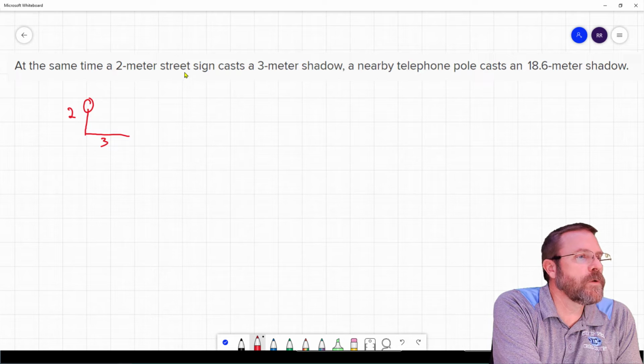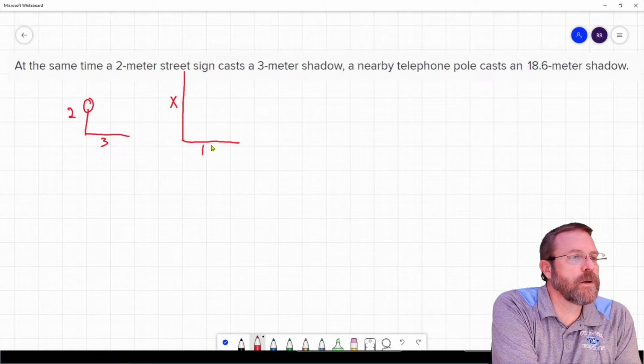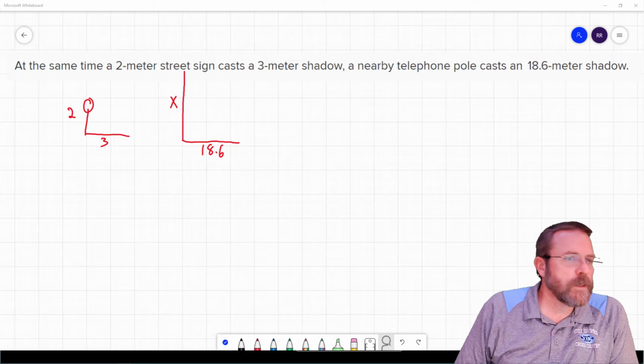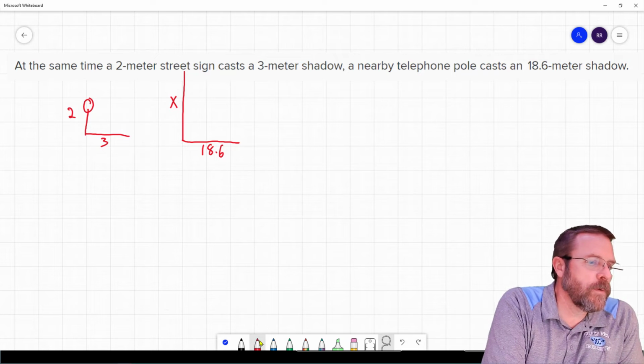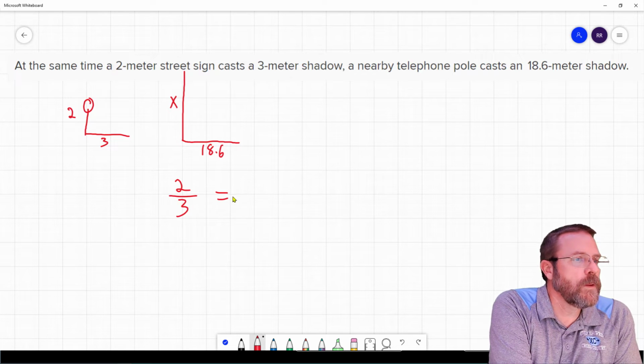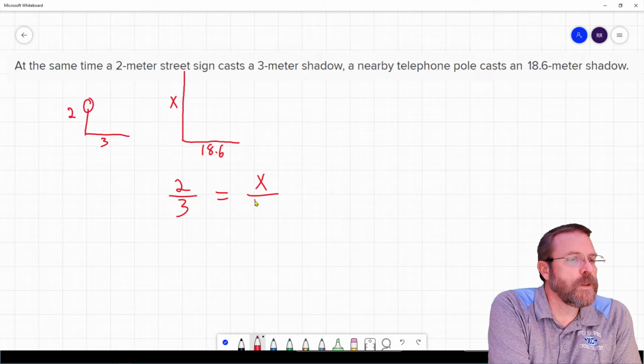This is compared to a pole, and the pole we don't know how tall it is, but we do know that its shadow is 18.6. Now the ratio I'm going to set up is going to compare the height of my sign to the length of its shadow, equal to the height of the pole to the length of the pole's shadow.